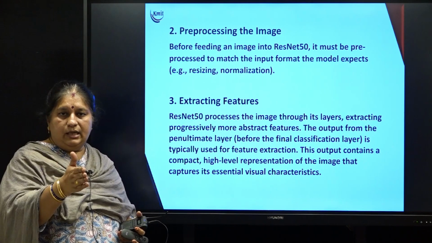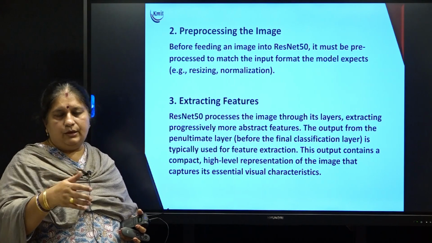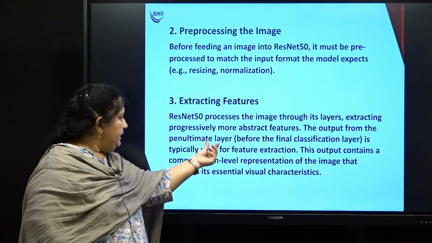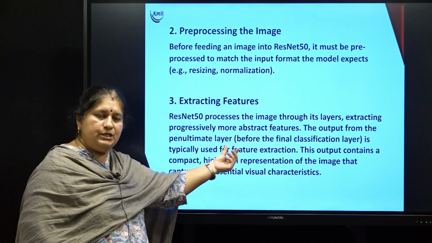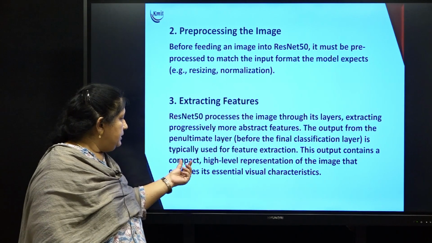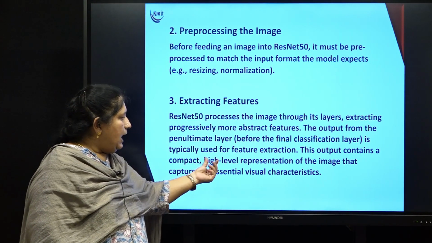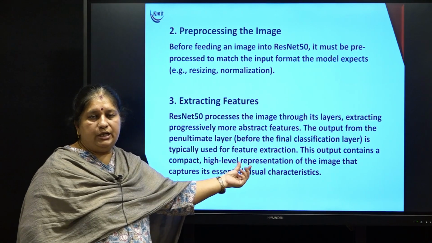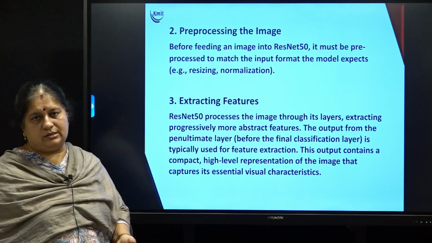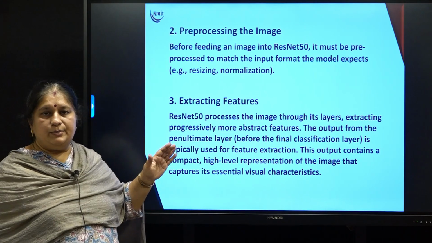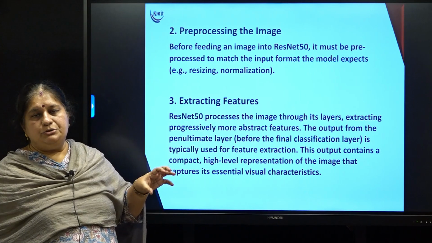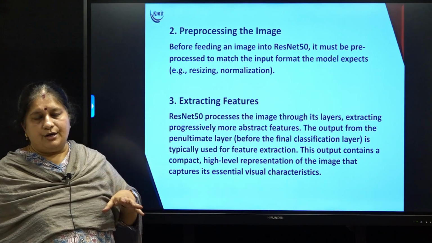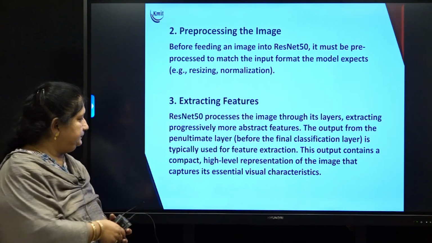We stop at the layer before the last one, which we call the penultimate layer. The output from the penultimate layer is typically used for feature extraction. This output contains a compact, high-level representation of the image which captures essential visual characteristics or features. So you are stopping at the last-but-one layer and taking all the features of the image which are very important for captioning.